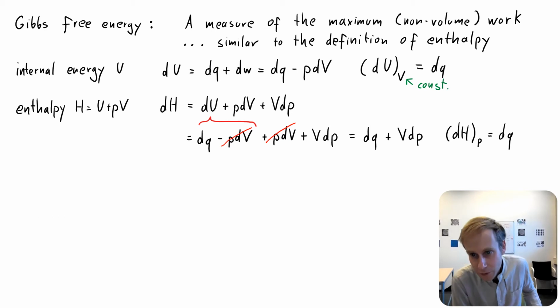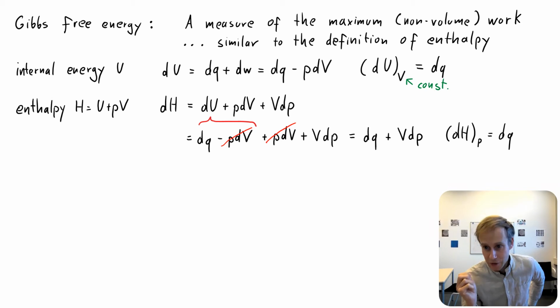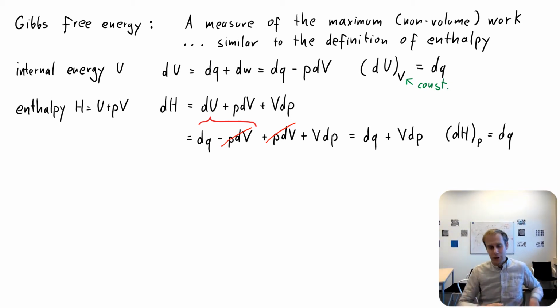So this is really useful because in biological systems, often the pressure is constant, and then we can actually measure with a so-called calorimeter the enthalpy change of the system by measuring the heat flow. So the definition of the enthalpy allows us to relate measurable quantities, which are for instance heat flow, to enthalpy changes of the system. Good. Okay.